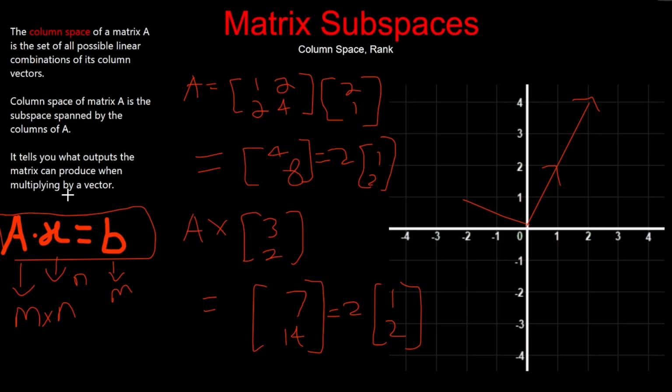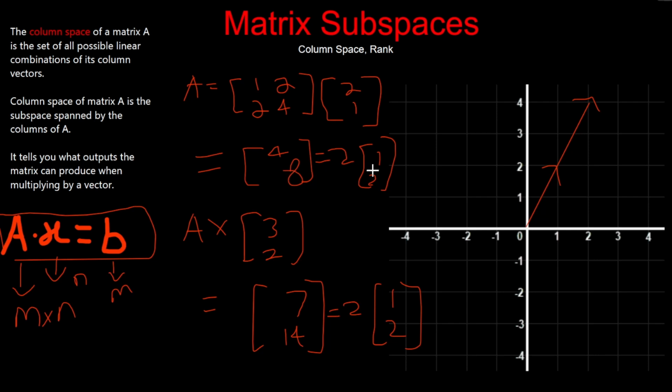Let's see that with an example. Here we take this matrix, and I just plotted the columns like this, and we're going to multiply it with a vector. So here we multiply it with 2, 1. If we multiply this, we'll get 4 and 8, which can also be written in this form.